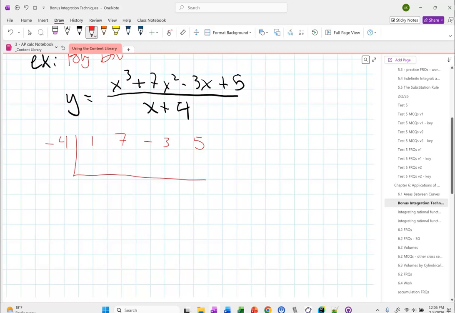If a term is skipped, what do you have to do? Put a 0 there. You guys remember that? Okay. How do we start? Bring the 1 down. Bring down the 1 to start, and then multiply, and then put it in the next spot, and then we add down, and then repeat until we're filled, right?